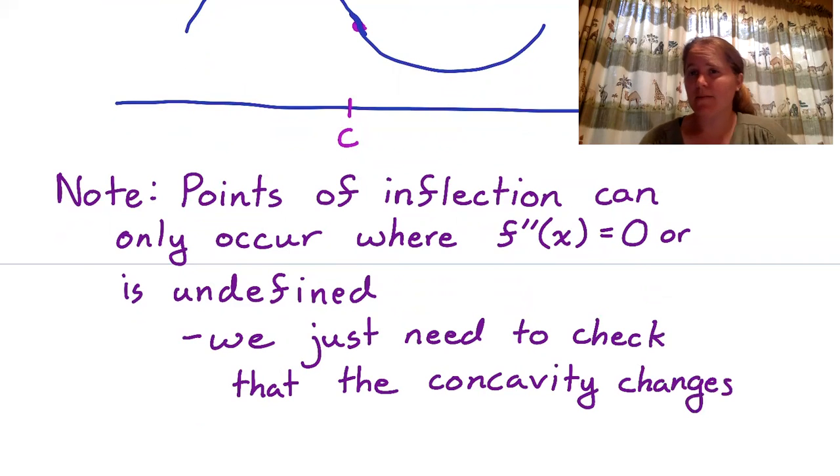So it's possible for the second derivative to touch 0 and then go right back. So the sign doesn't change and therefore concavity wouldn't change. So these are just sort of the two things to keep in mind. And then just a point in terms of what it looks like.